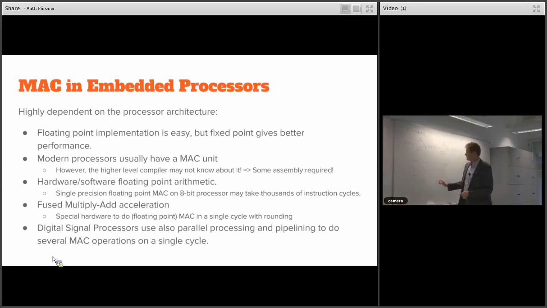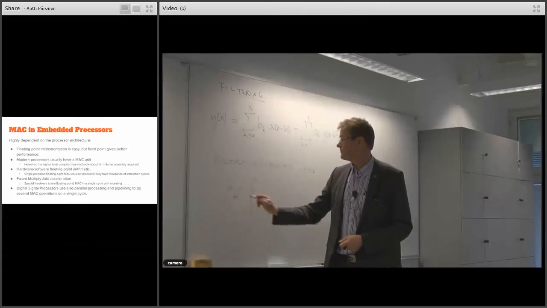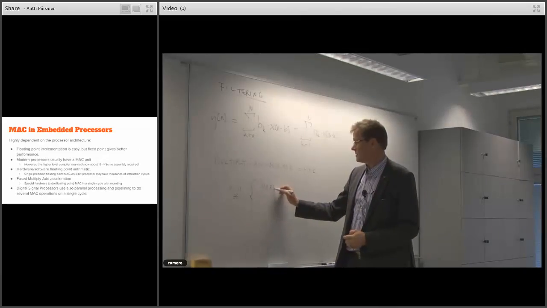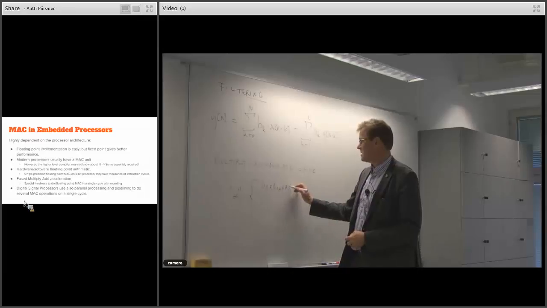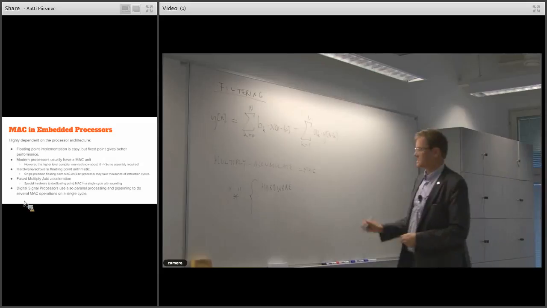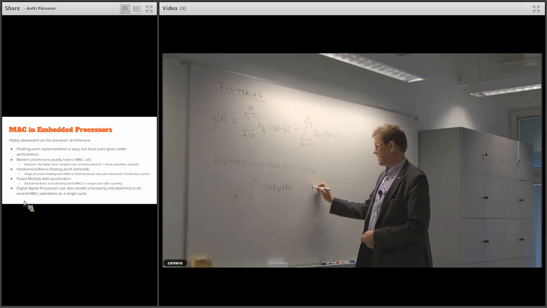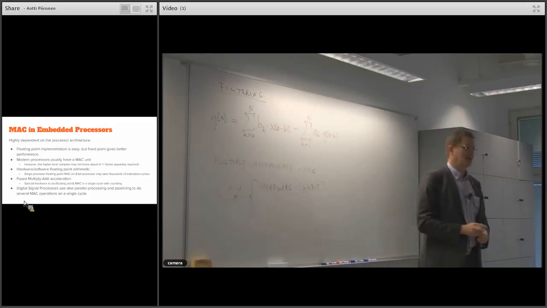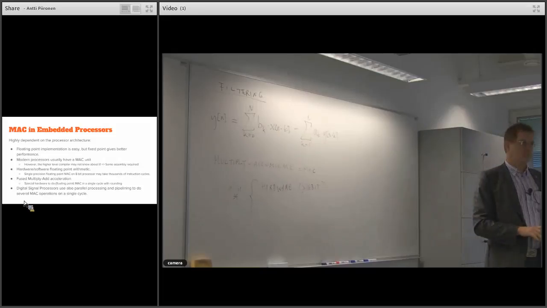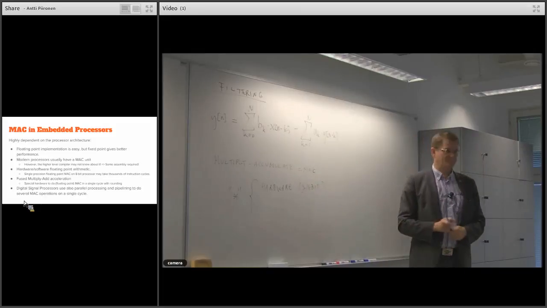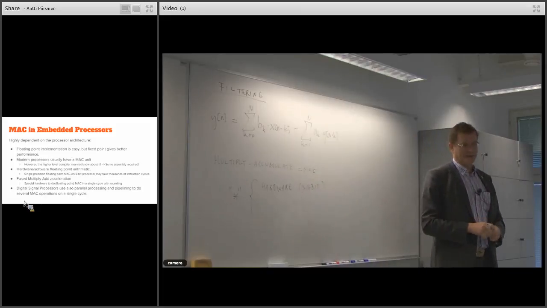And basically, there are two ways to do multiplication. One is, of course, the hardware. That would be optimal. So if you have a more powerful processor, say 16-bit or higher, they usually have hardware acceleration for floating point. But then it could be just single precision floating point, not guaranteed to have double precision.